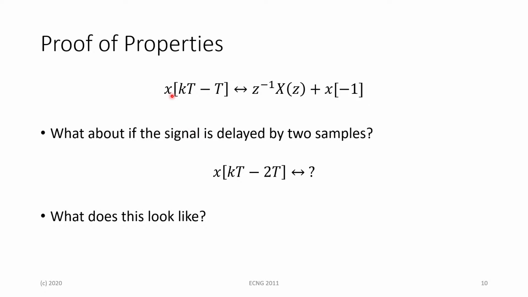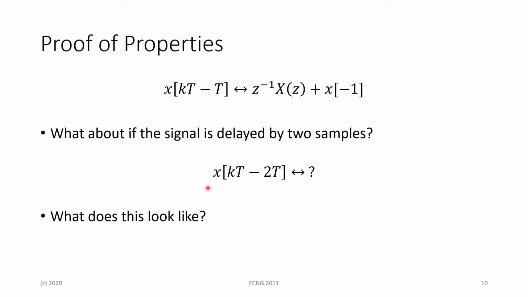As such, when you have a delay of an x of kT signal by one sample, being minus T, the relevant Z transform is going to be z to the minus 1 of x of z plus x of negative 1, where x of negative 1 is the instantaneous value that was associated with it.